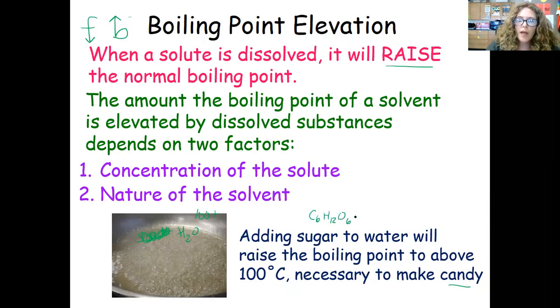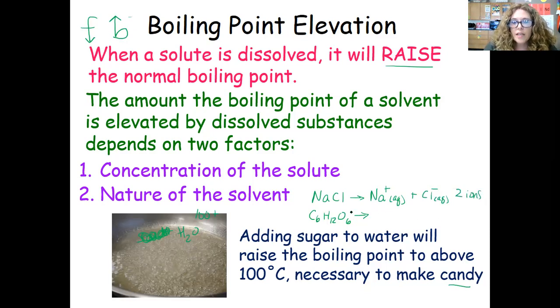C6H12O6, and I compare that to sodium chloride, because I already talked about sodium chloride. When sodium chloride dissolves in water versus sugar dissolves in water, sodium chloride splits into ions, right? Because it's an ionic compound, a metal and a nonmetal. So we have our aqueous sodium and chlorine ions. I have two ions present.